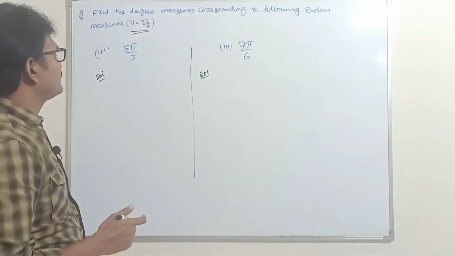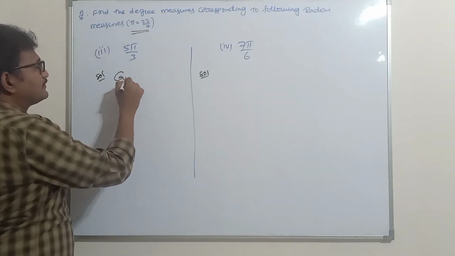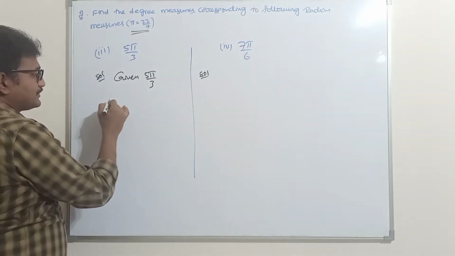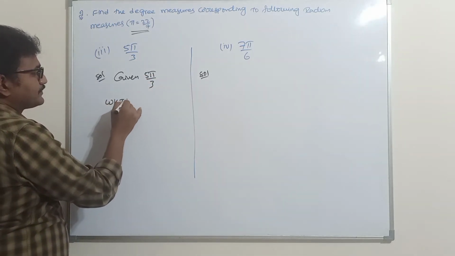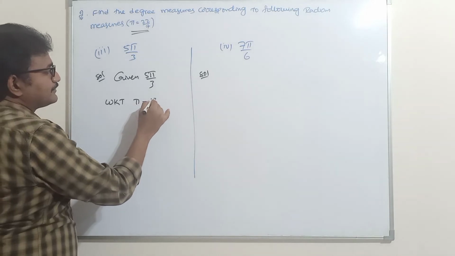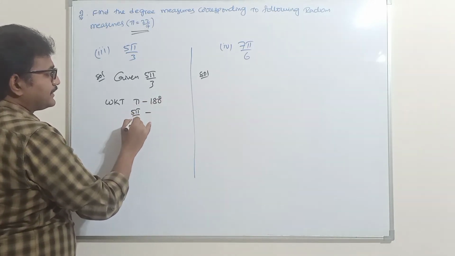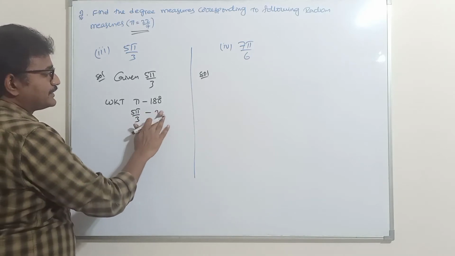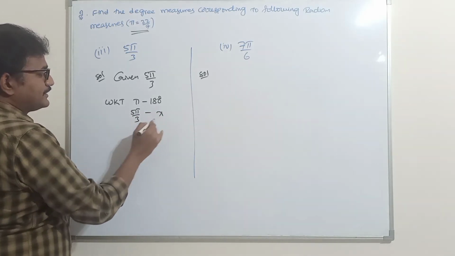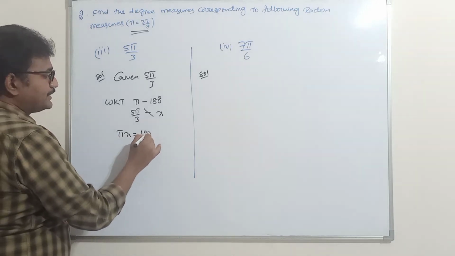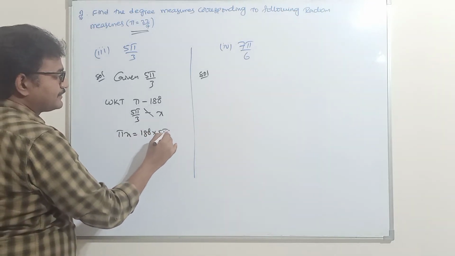Next, third problem, 5 pi by 3. Given 5 pi by 3 radians. We know that pi radians is equal to 180 degrees. Then 5 pi by 3 radians is equal to how many degrees? Let it be x. Then by cross multiplying, pi x is equal to 180 degrees into 5 pi by 3.